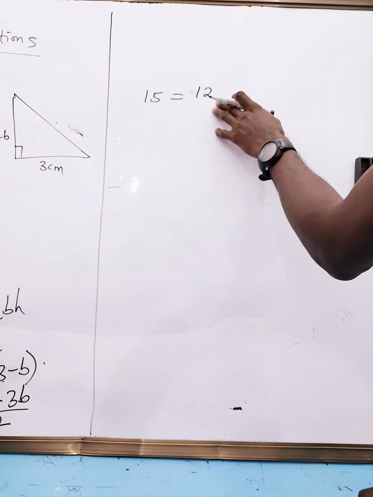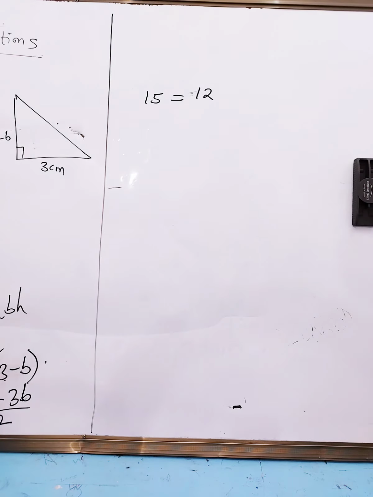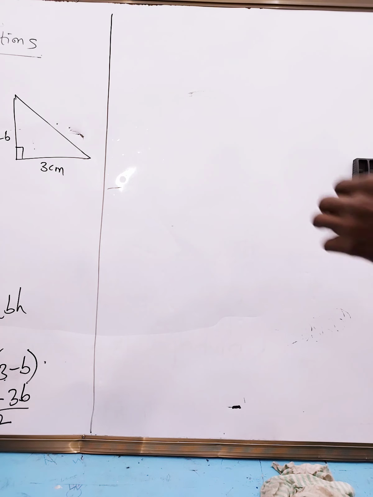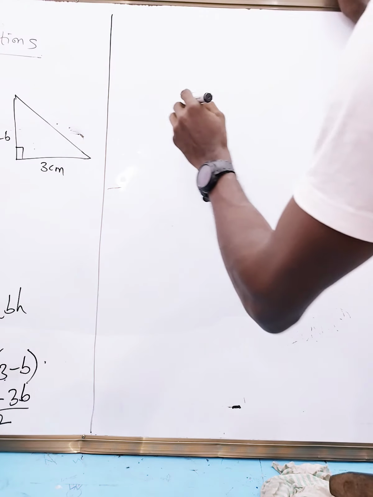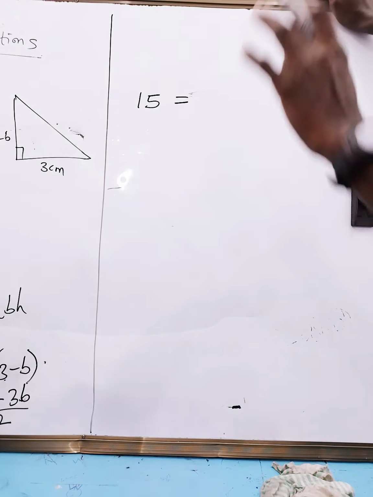Since we are given the area, and we worked out the area for the rectangle and that of the triangle, we are going to equate the summation of the two to 15.